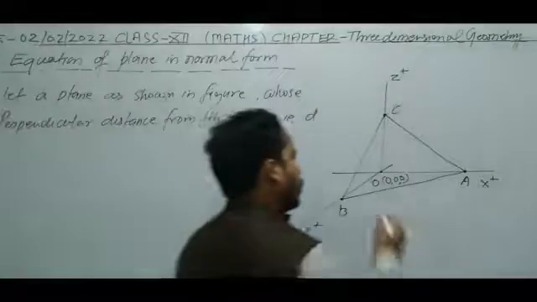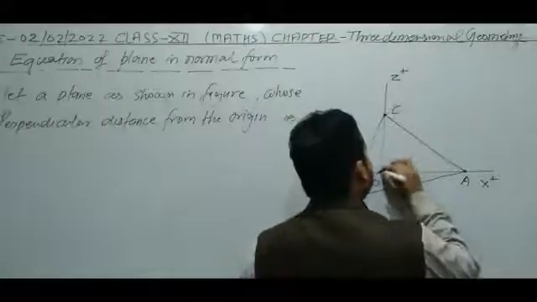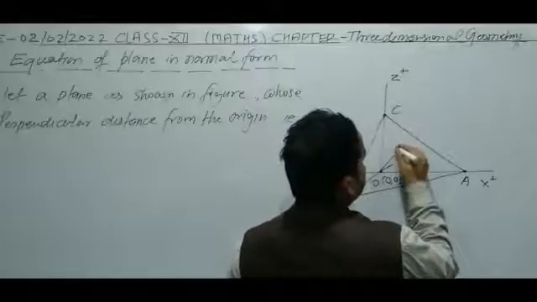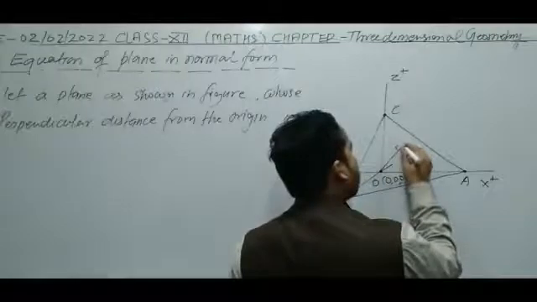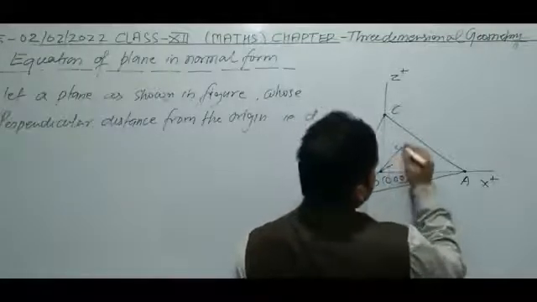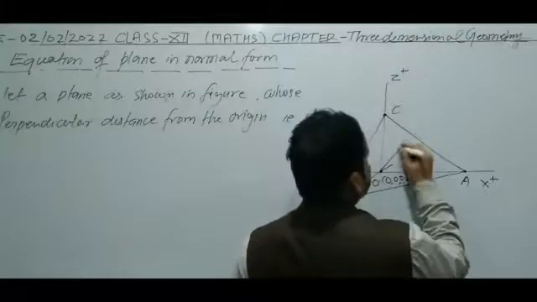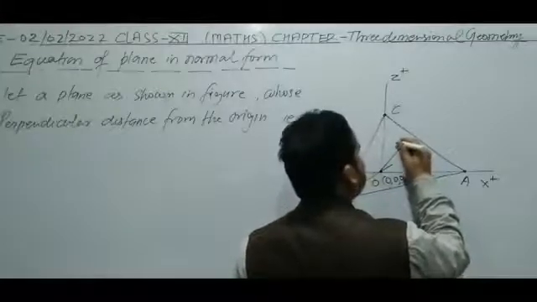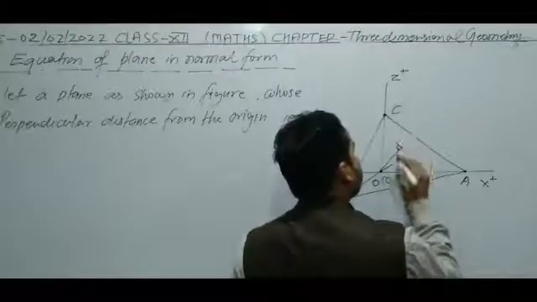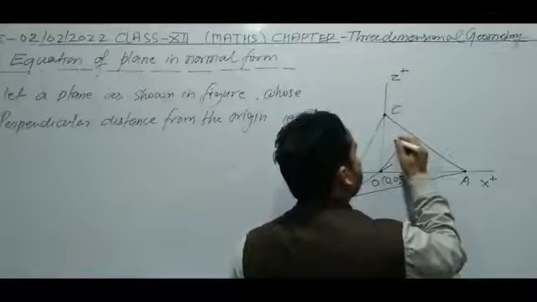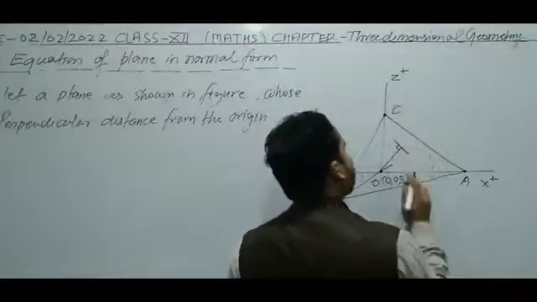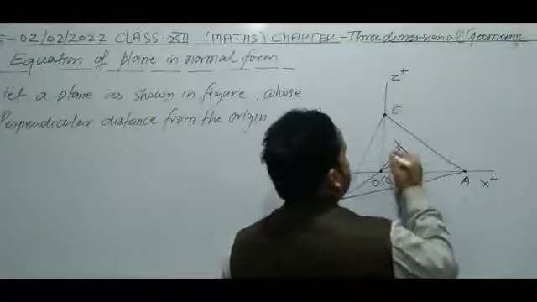Suppose from the origin we draw the perpendicular on this plane. This is 90 degrees. This is d.